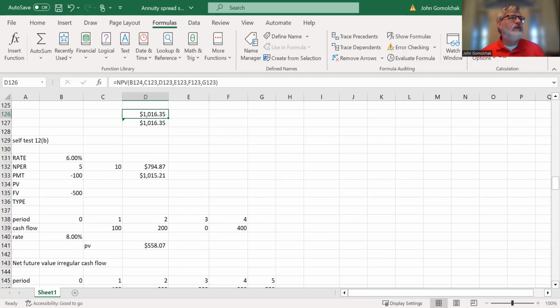What is the present value of a 5-year ordinary annuity of $100 plus an additional $500 at the end of year 5 if the interest rate is 6%? Okay. So self-test, this is an annuity because it's making the same payment each of the periods of $100. We just have a future value that we have to take into account.